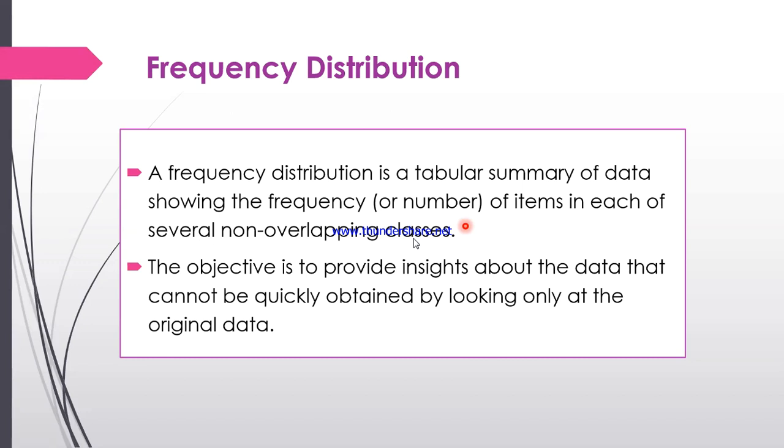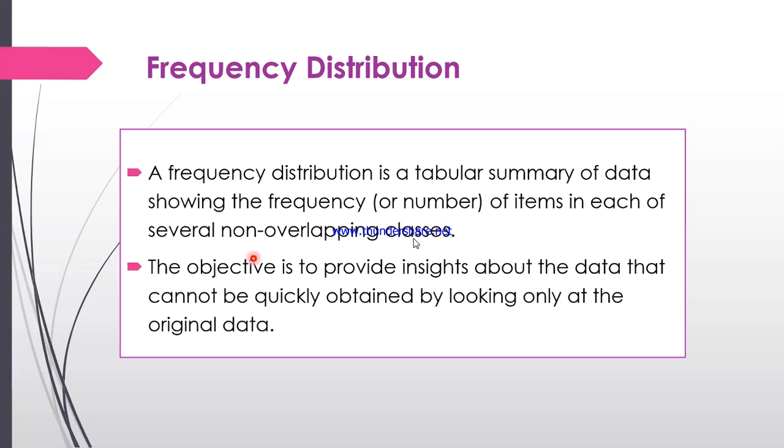The second column holds the frequency: how many times each non-overlapping class occurred in the data set, in the raw data. Now look at how we define a frequency distribution. A frequency distribution is a tabular summary of data showing the frequency or number of items in each of several non-overlapping classes.